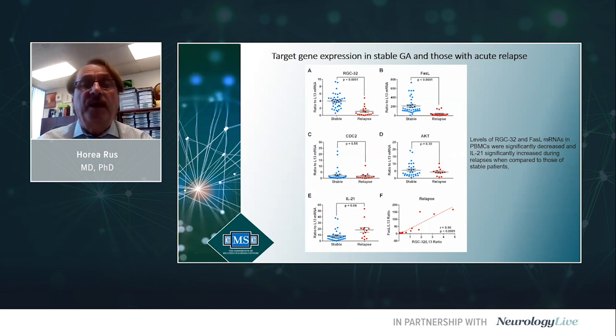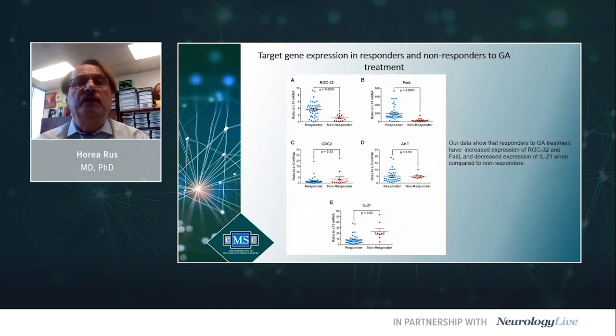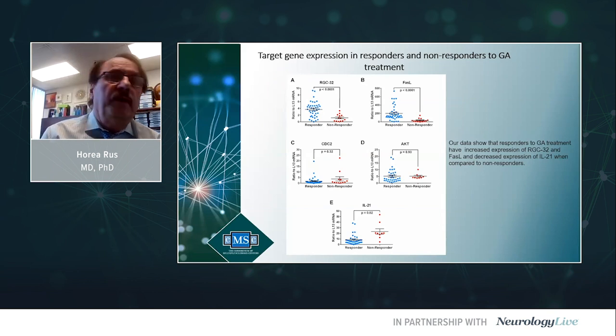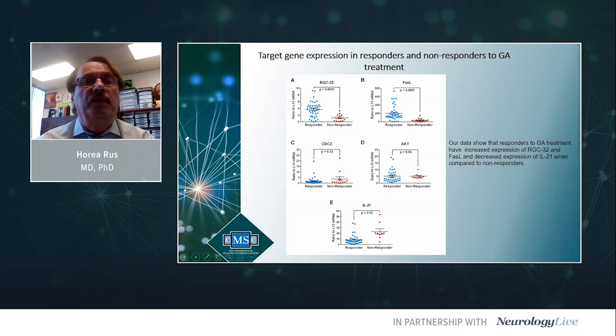There was no effect on the levels of CDC2 or CDK1 and AKT. When we split these patients based on their responsiveness to therapy with glatiramer acetate, we found that responders have higher levels of RGC32, Fas ligand, and IL-21.